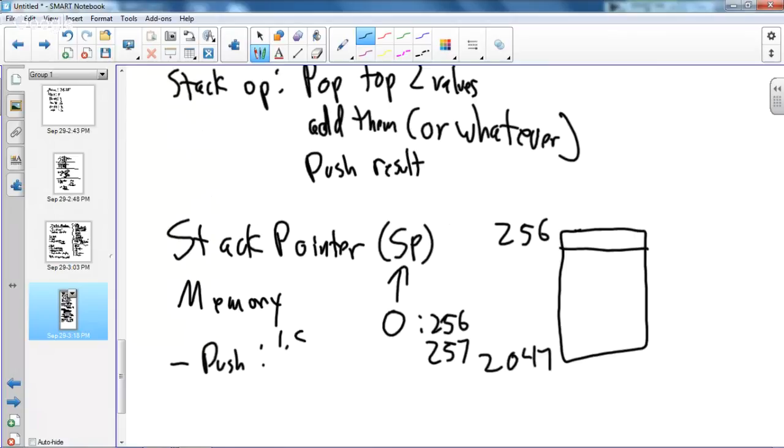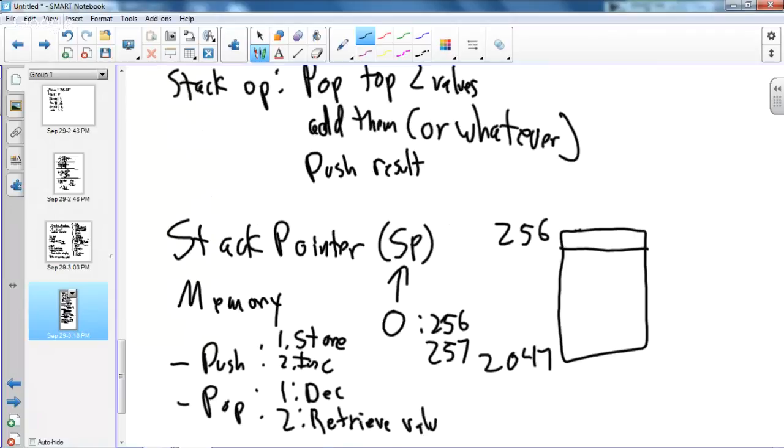So push: 1, store; 2, increment. For a pop, you have to very carefully do this in the reverse order. First, you decrement the stack pointer, and then 2, retrieve a value.